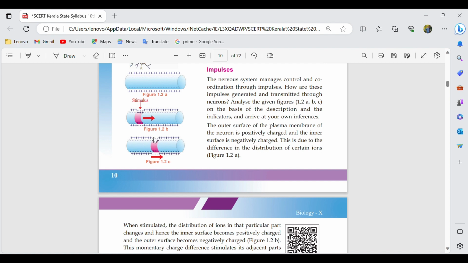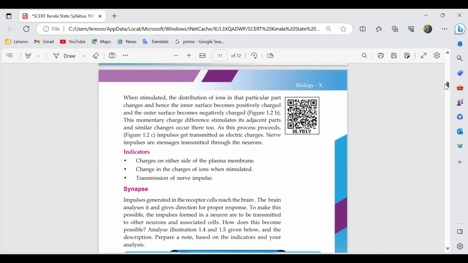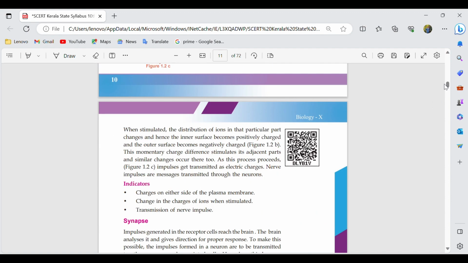The impulse gets generated over here and is transmitted as it stimulates the adjacent part, and it seems like it is transmitting. That's what is happening.